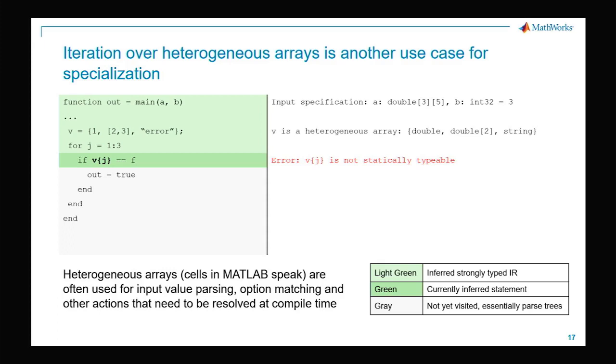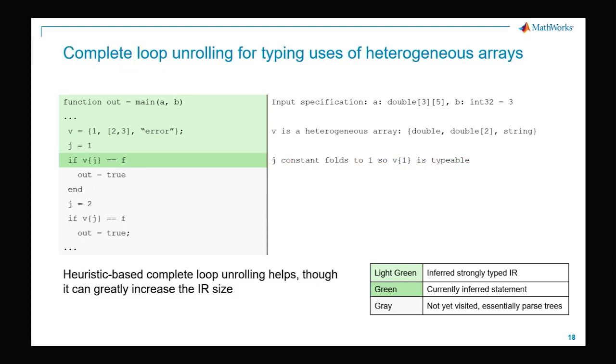I don't know which element you are referring to, therefore I don't know if it's an integer or a string. What the algorithm is going to do, it will try to constant fold the bounds for the for loop, which are natural 1 and 3 here, and then it would, heuristic driven, completely unroll that for loop into a series of straight line loop bodies interspersed with assignments to the index variable, and feed that to the inference engine that, in this contrived example, specializes just fine, and type inference can proceed.